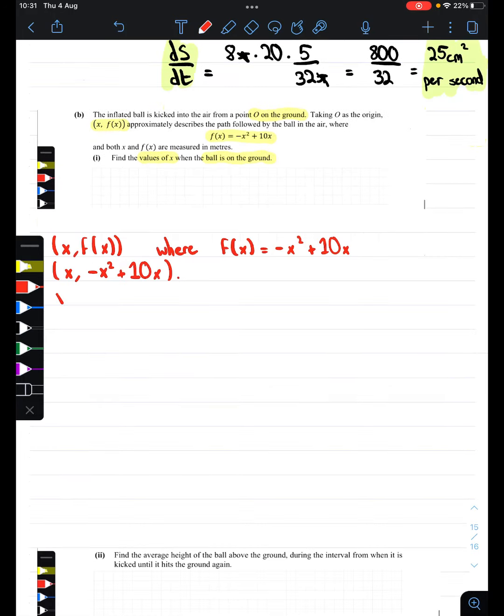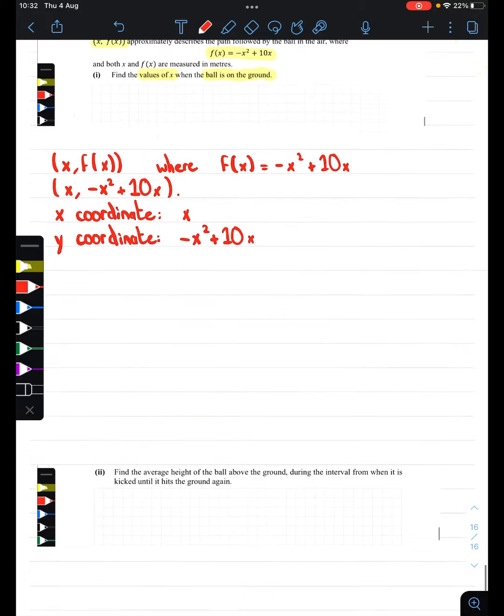So the x coordinate of the ball is just x, and the y coordinate is minus x squared plus 10x. So it's kind of like a parabola shape, which you would expect when you're kicking a ball.